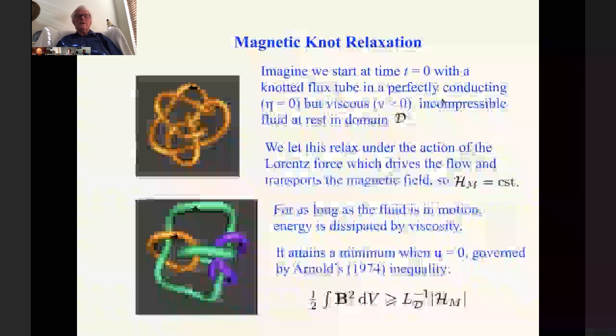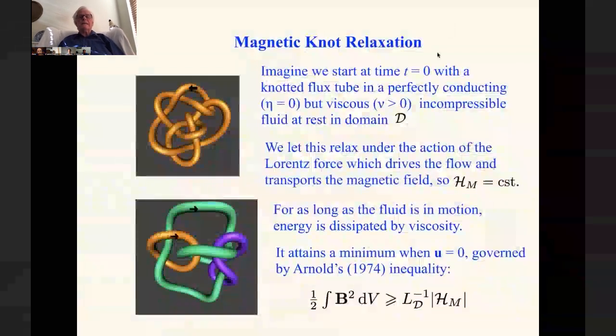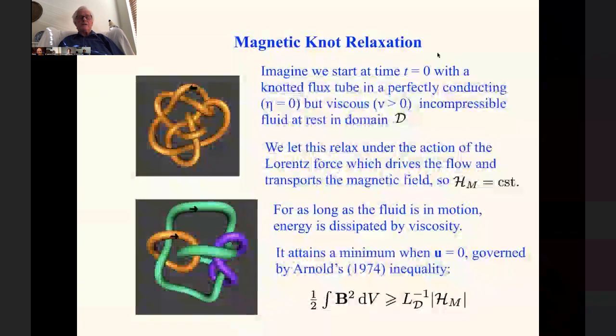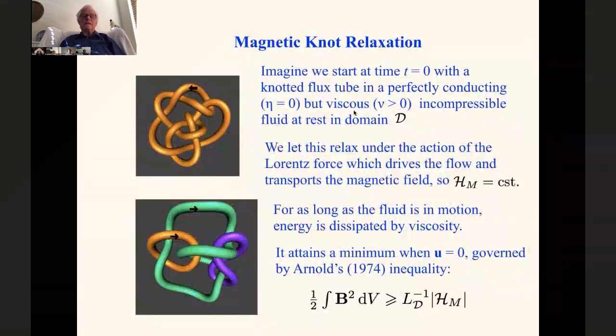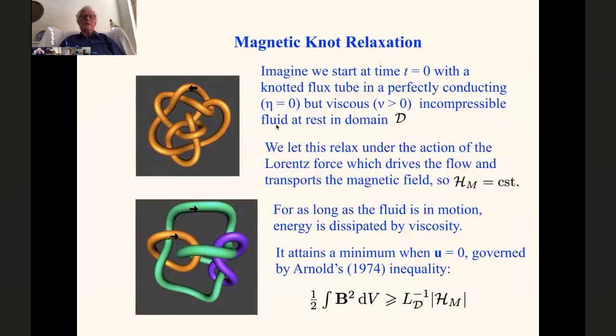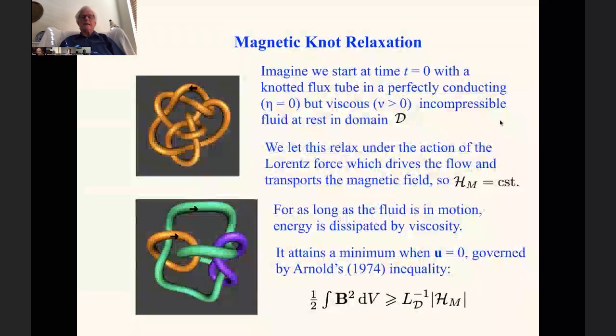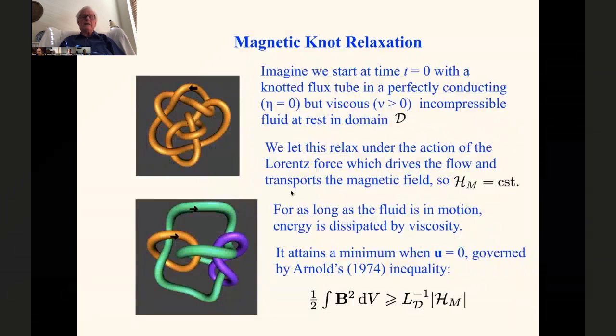Well, let me turn now to magnetic knot relaxation, which relates to a number of earlier lectures in this series. Imagine we start at time t equals 0 with a knotted flux tube, or it could be a linkage as shown here, in a perfectly conducting fluid, but viscous, nu greater than 0, eta equals 0, incompressible, in some domain D, now a finite domain.